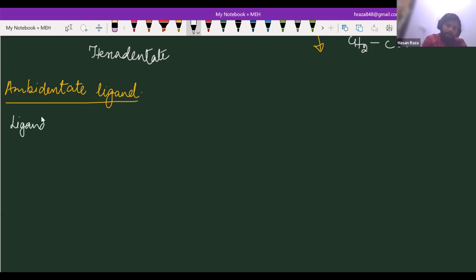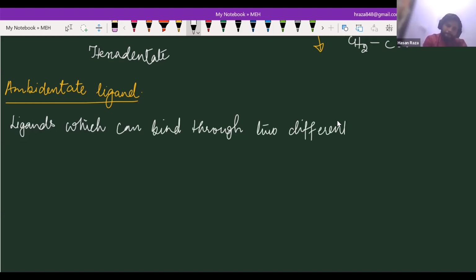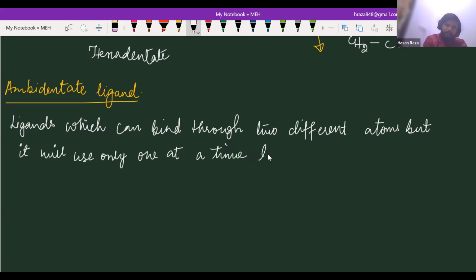So we can write: ligands which can bind through two different atoms, but will use only one at a time to form a coordinate bond.